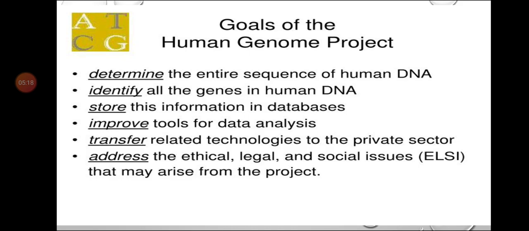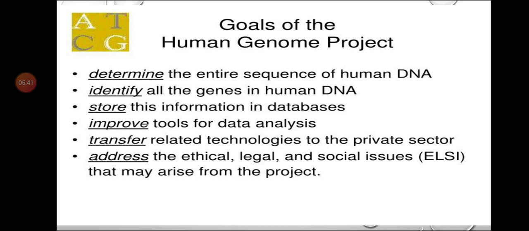First aim is to determine the entire sequence of human genome. Okay, that means to determine the sequence of human DNA. First step is to determine the sequence of DNA. Second step is to identify all the genes in the human DNA.